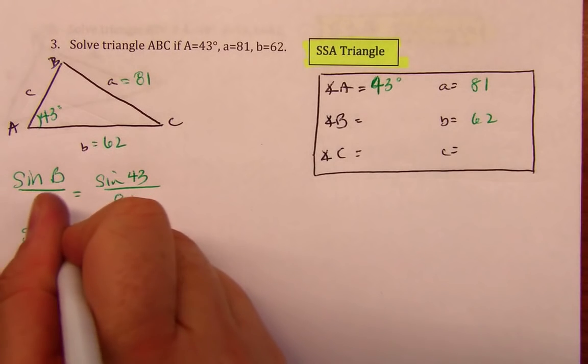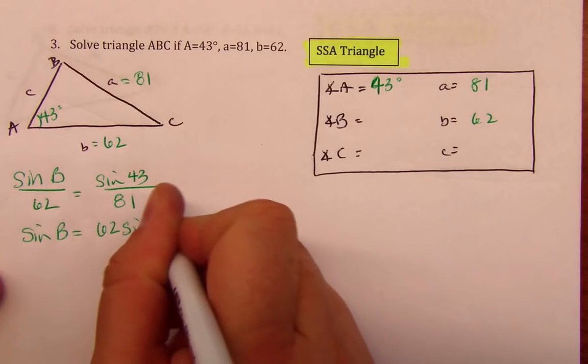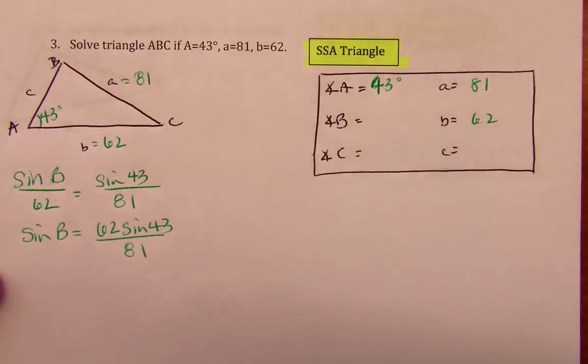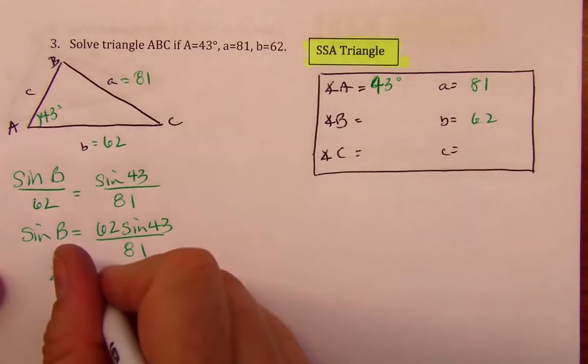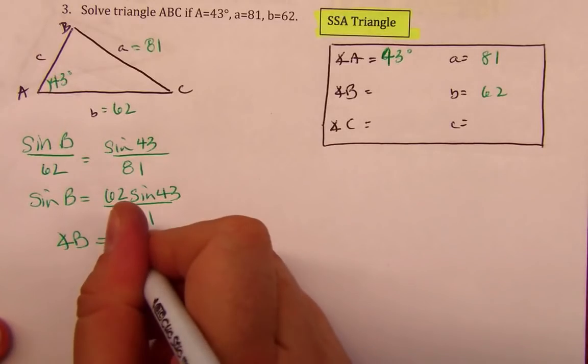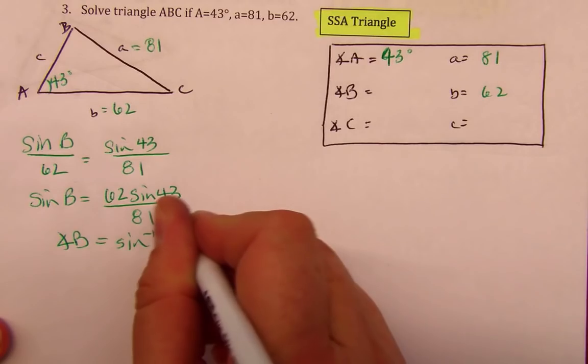Sine of B is equal to 62 sine of 43 over 81. So angle B is going to be inverse sine of all of that.